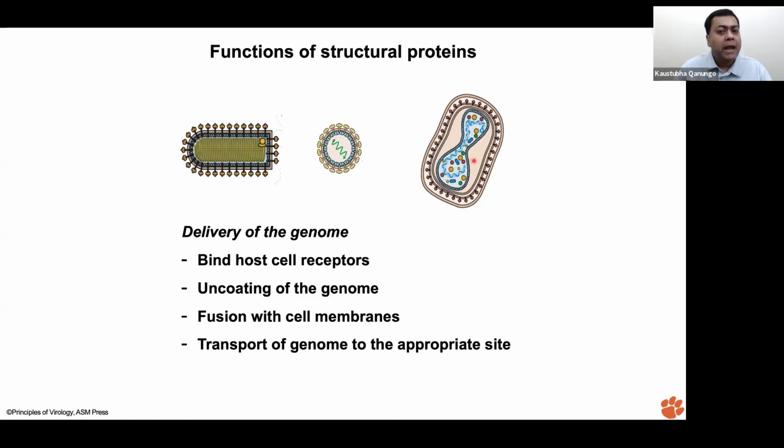And this could be microtubule mediated. If you have taken cell biology, you already know that big vesicles can be transported. This could be inside a vesicle, and that whole vesicle is transported by motor proteins on the microtubule highways inside the cell to deliver the genome. But if you just remember, transport the genome to the appropriate site, that is good enough.